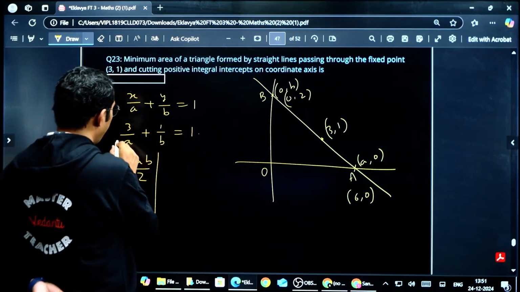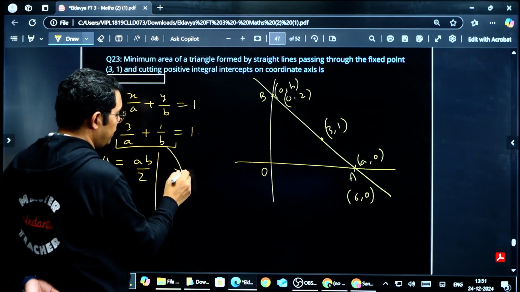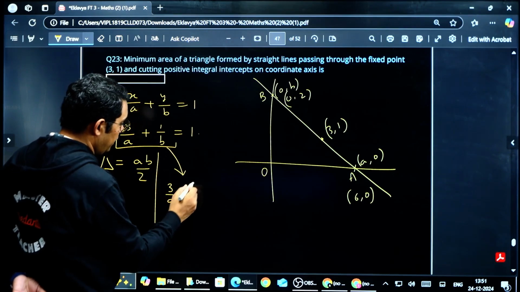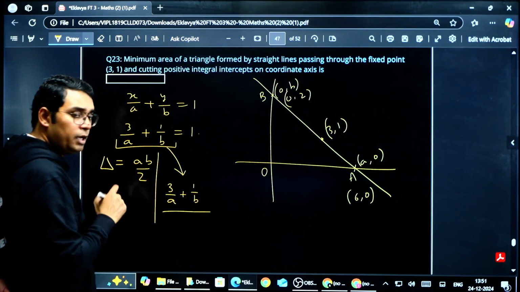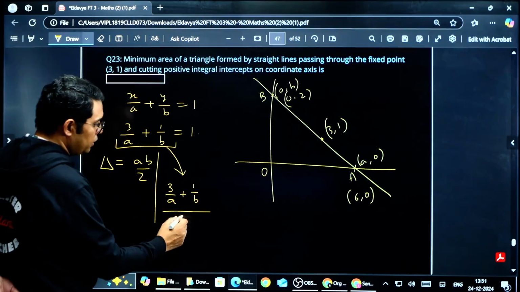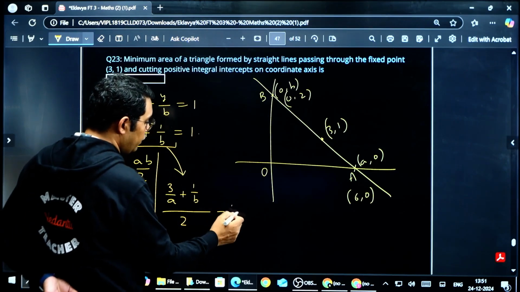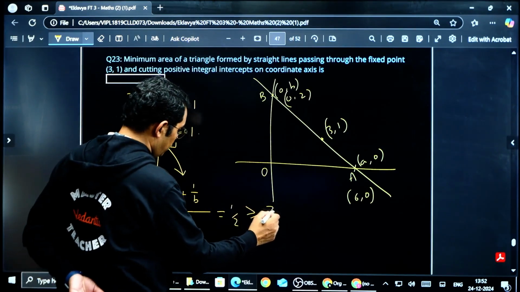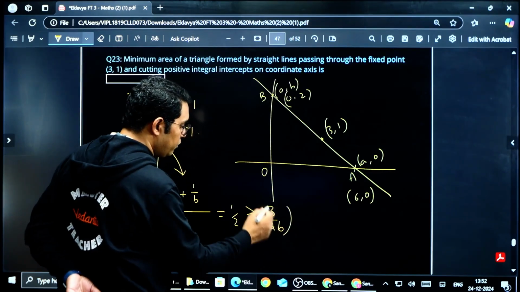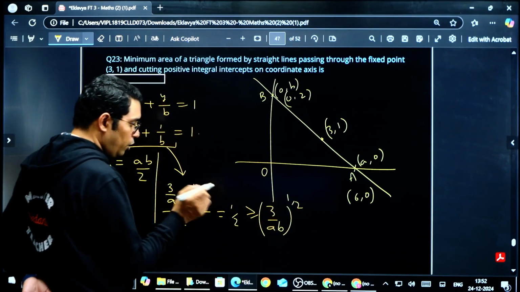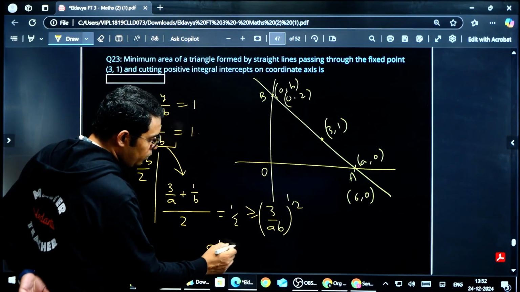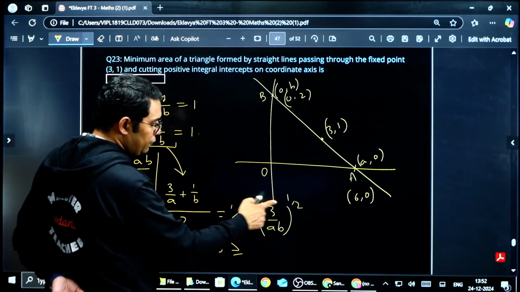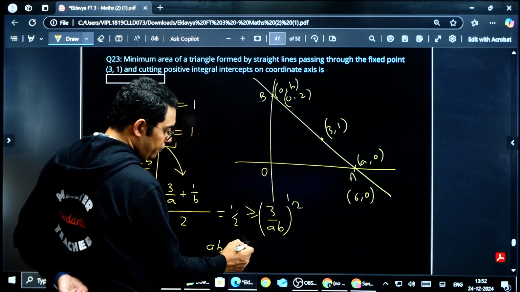Now if I apply AM-GM on 3 upon A and 1 upon B, so that is the AM, which is equal to 1 upon 2. It will be greater than or equal to 3 upon AB whole power 1 upon 2. From this we will be able to get AB, I think I can bring it here, greater than or equal to, after doing the squaring, 4 into 3, 12.